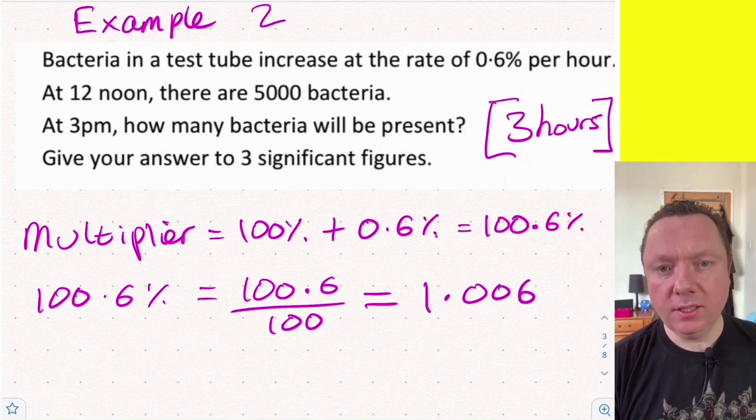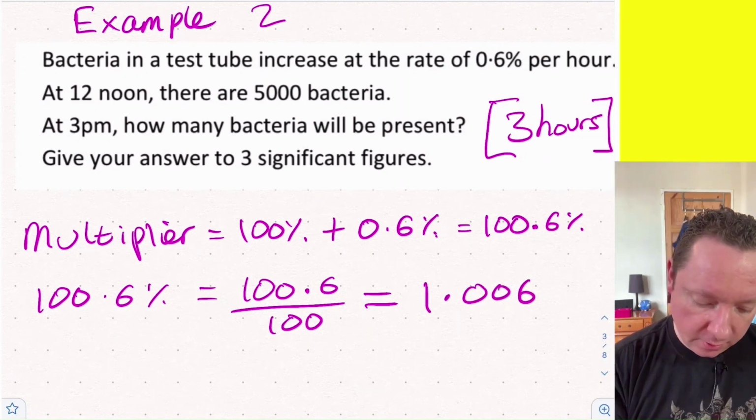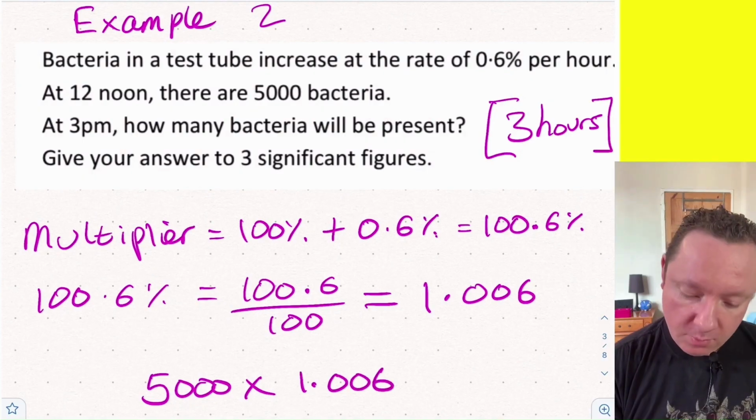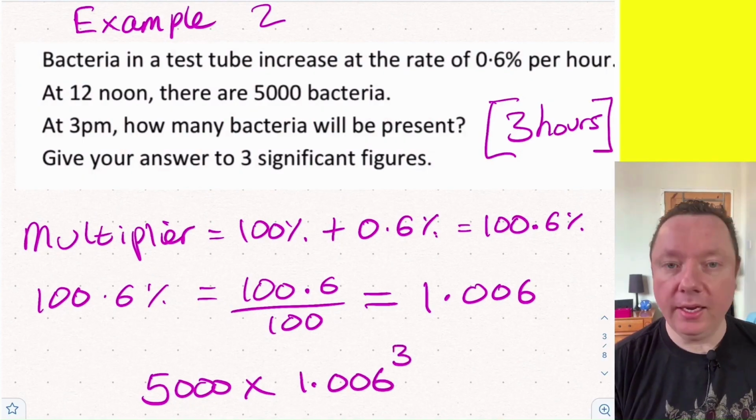Now the question's fairly simple. We just do the same as last time. We take our 5,000 in the question. We times by our multiplier to the power of the time, which again in this case was 3 hours.